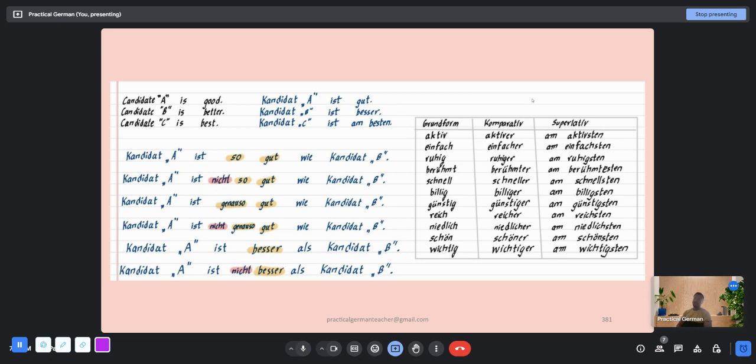I cannot promise all over Germany, but normally it is reich. I have never heard someone say it differently. Reich, reicher, am reichsten. Not sir, sch. Schön, schöner, am schönsten. No, this is strong.